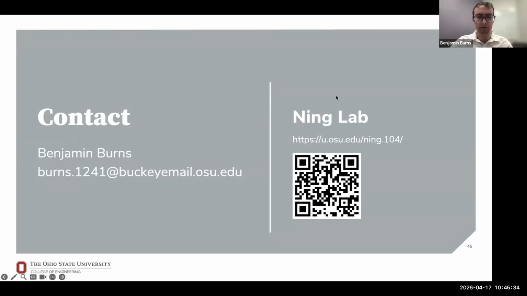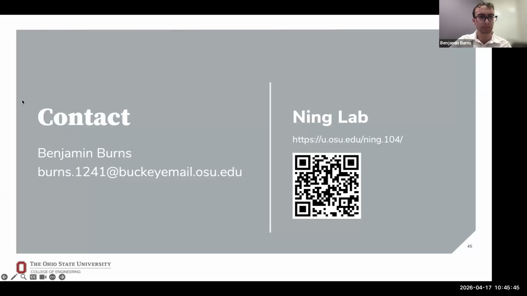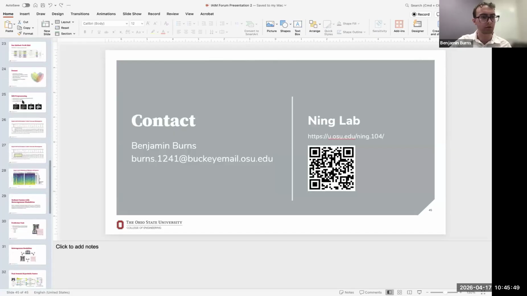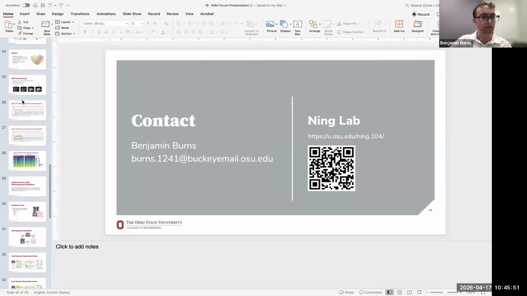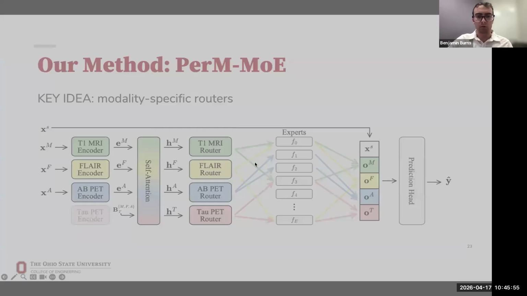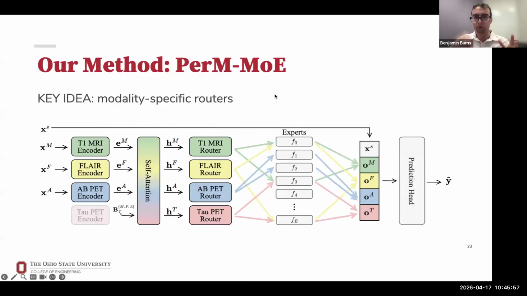Yes, so maybe I should go back to that slide in order to have the visual. So we had the architecture here. We replaced the single router with modality independent routers for the expected case where we have only one modality available.